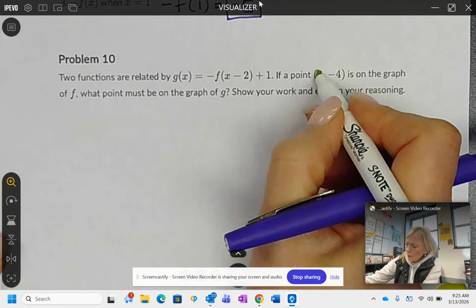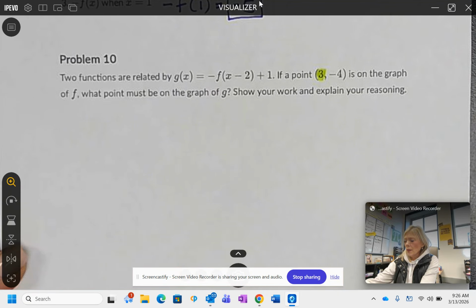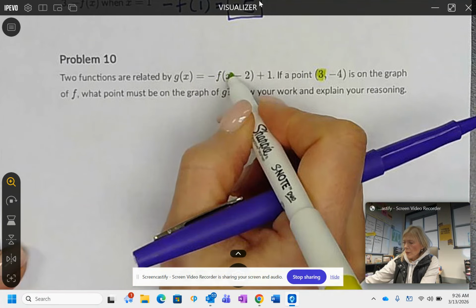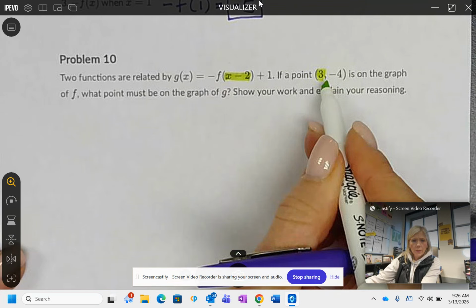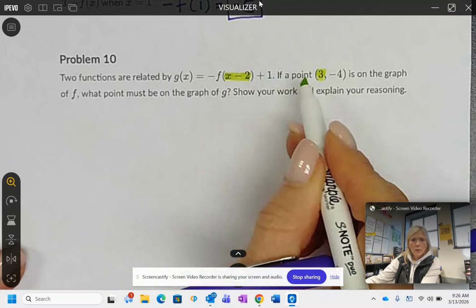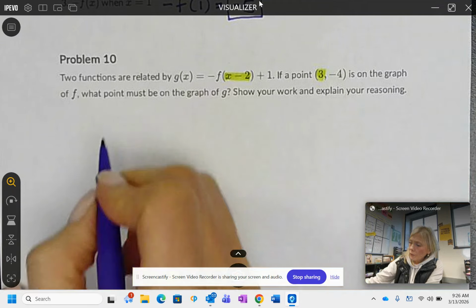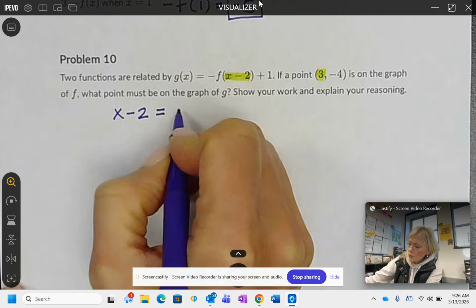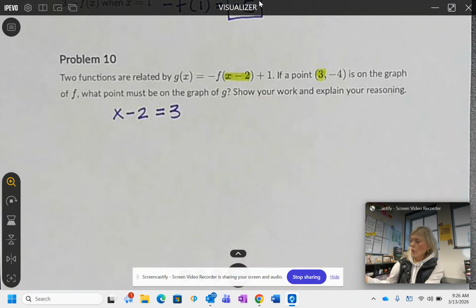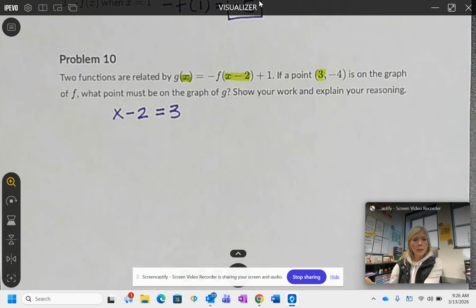So 3 is the x value in function f. And so I know that this x minus 2 is the x value for function f. So x minus 2 is equal to 3. And if I can solve that, that will give me the x value, which is the first part of what I need for function g.